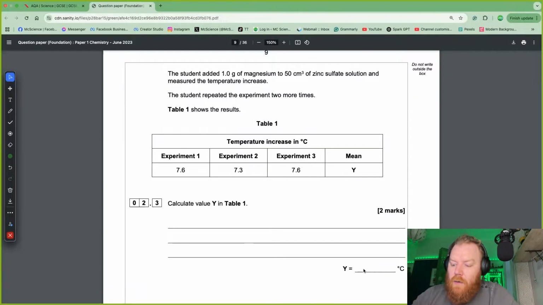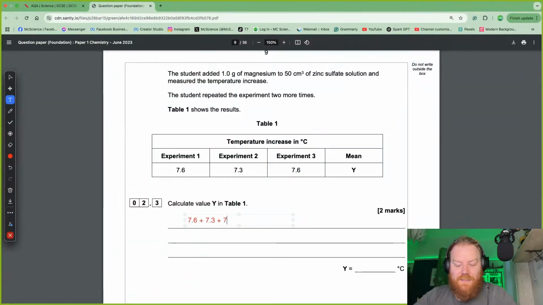But when we are looking at this question, they will allow you to have both marks solely for the correct answer, but still always make sure you're showing your markings, your workings. So in this situation, I would go 7.6 plus 7.3 plus 7.3 volts. No, that's not correct.